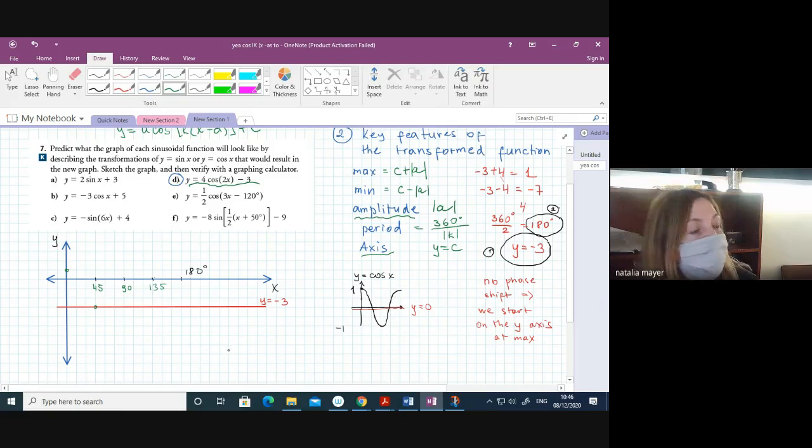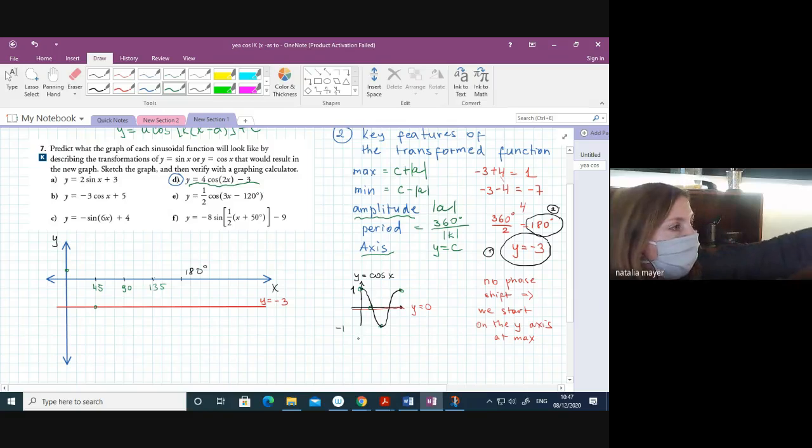Because it would be -7 at 90, or when x equals 90, but our maximum value is not 360, it's 180. It's compressed, so 45 is already half.